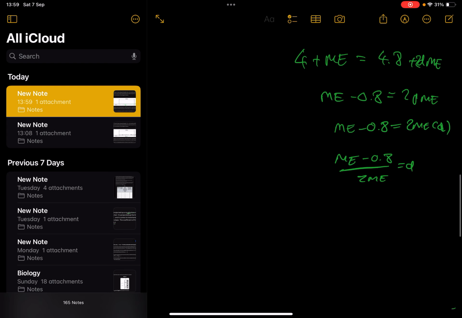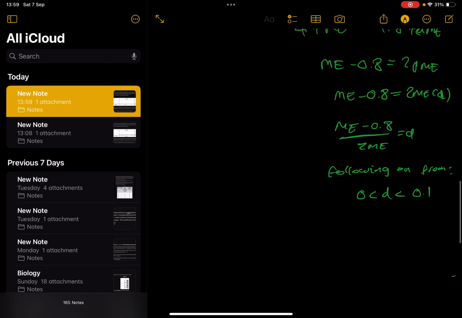So following on, d is between 0 and 0.1. So 0 is less than m minus 0.8 over 2m, which is less than 0.1.